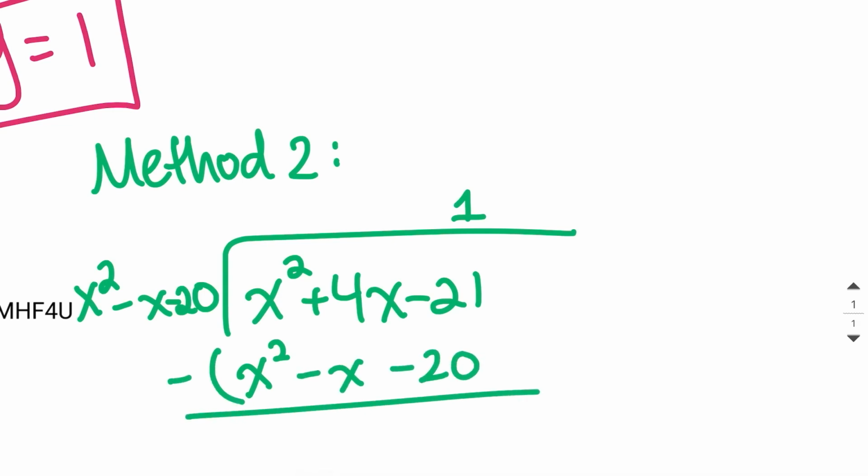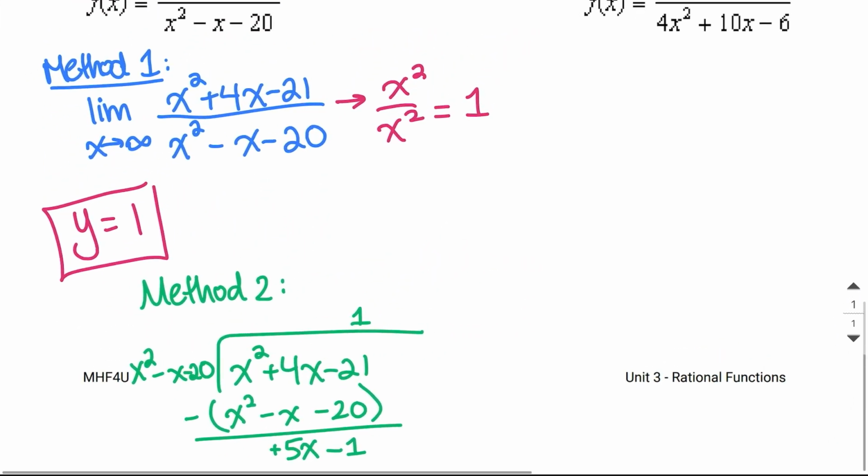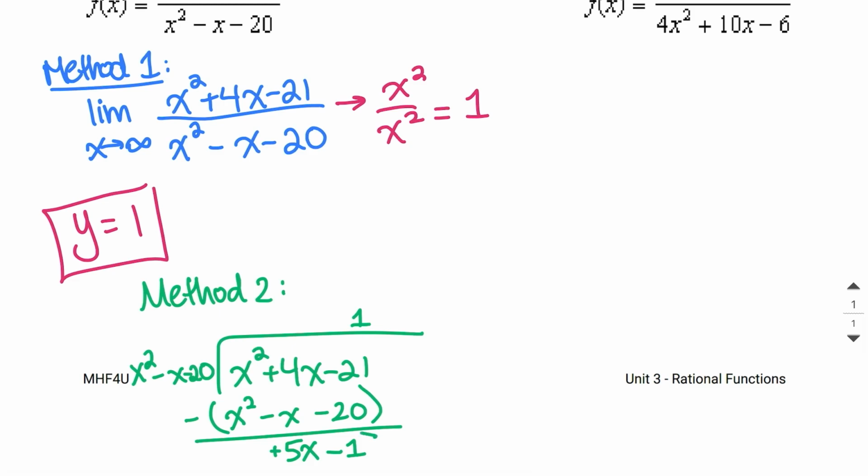So then when I do my subtraction of all of this stuff, x squared minus x squared subtracts out. 4x minus negative x is positive 5x. And negative 21 plus 20 becomes negative 1. Well, again, when we are talking about super, super large values of x, this stuff right here doesn't matter.